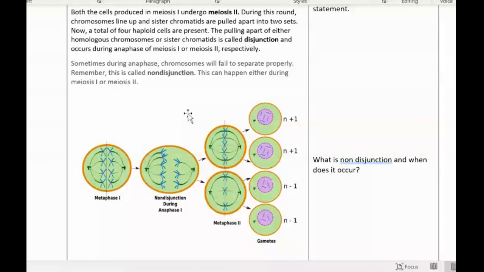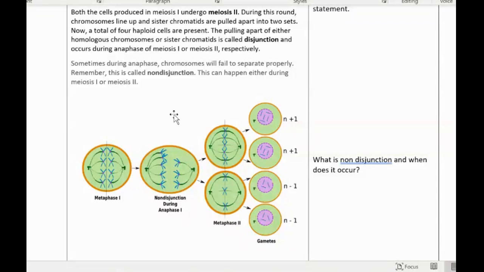In this visual, you can see there are more chromosomes moving into the left side than the right side, which results in one cell not having enough chromosomes, and the other cell having too many.